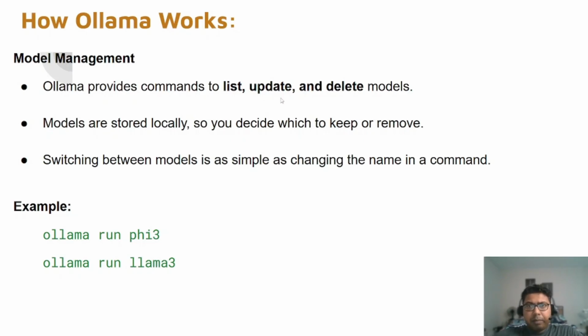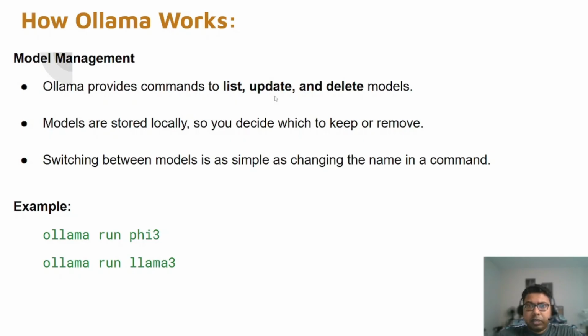And then update, we can update a model, and using the delete command we can delete that model from our machine. Say if we have installed 4 or 5 models and we see that they have taken lots of memory in our machine, then we want to delete a couple of models, right? Then we can use this delete model and delete that model.